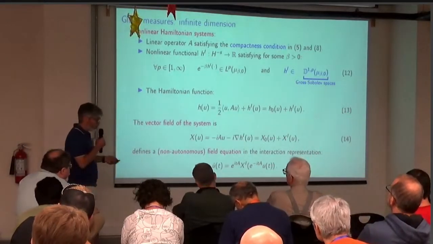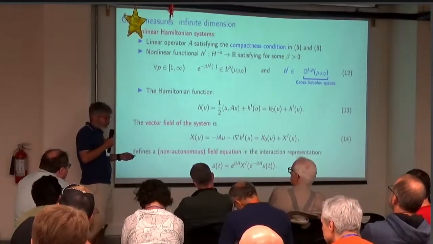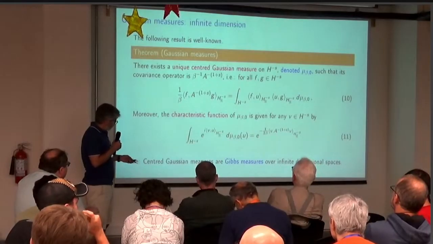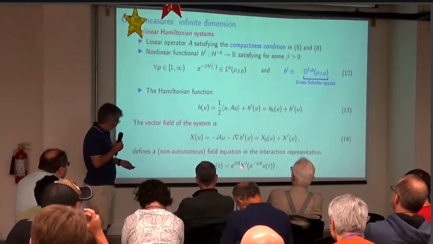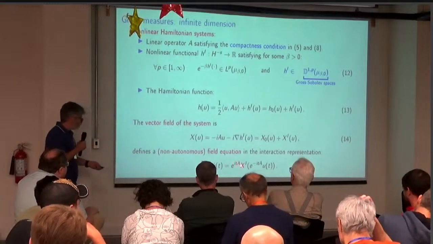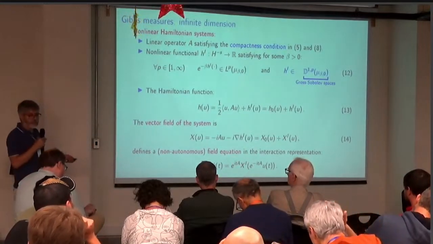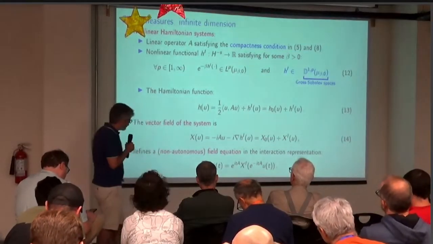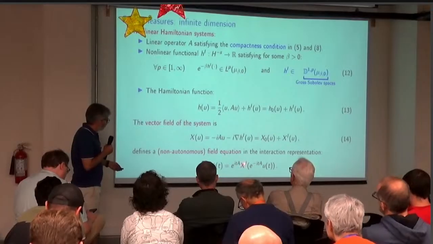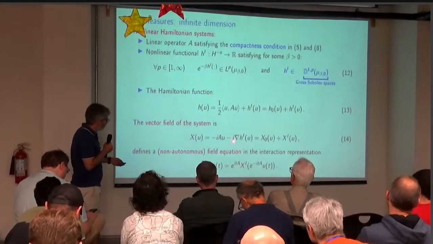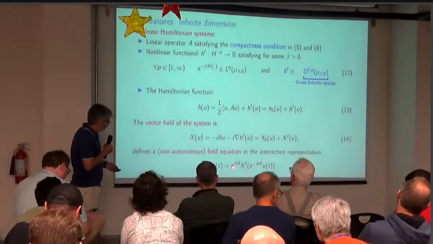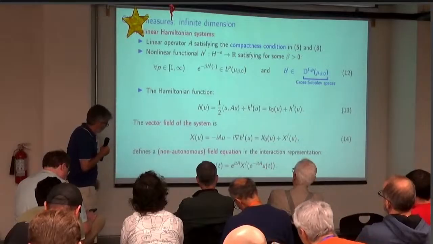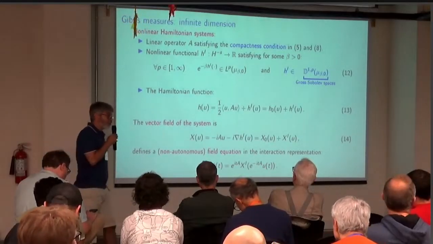We prefer to write it in the interaction representation, so it becomes a time-dependent vector field instead of time-independent as in the beginning. Keep in mind that this one is just minus i times the gradient of HE. This is the evolution with the linear operators, and this is the inverse evolution.